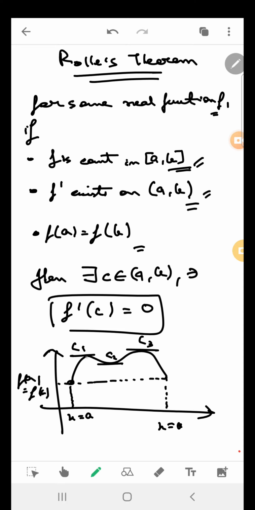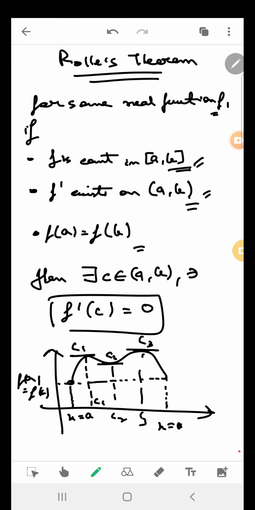At each of these x coordinates c1, c2 and c3, the first derivative is 0 because the tangents at those points are parallel to the x-axis. Getting my point? So this is what Rolle's theorem says.